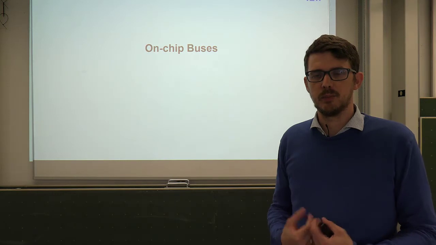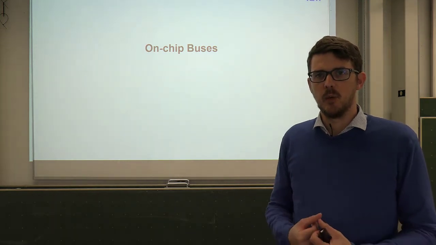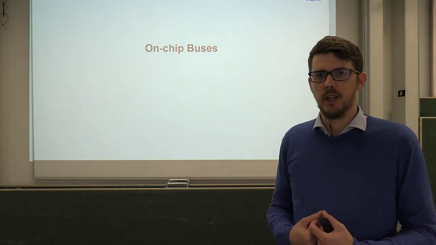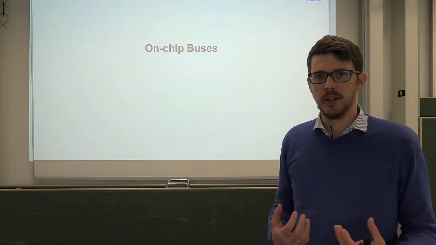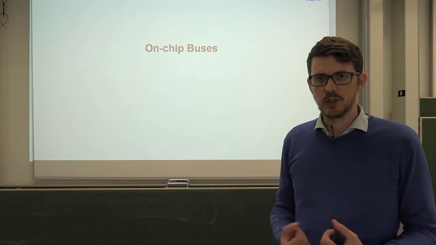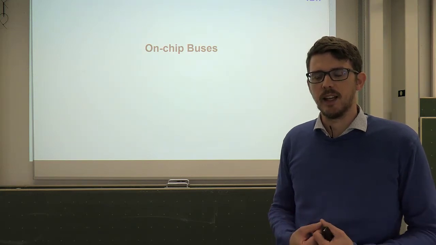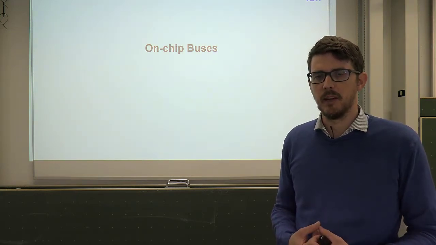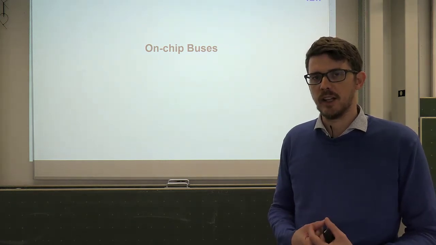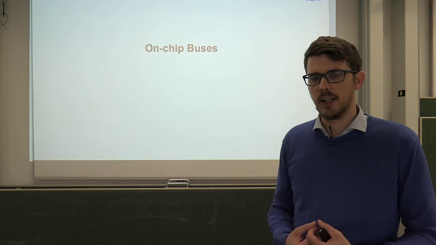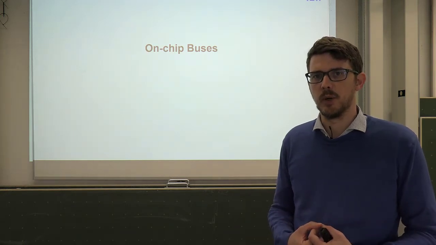Okay, so next to processors and memories, what's also very important if you're designing a system on chip is that you look into your on-chip interconnect, because the on-chip interconnect also decides how much performance your chip will have. You need the bandwidth on your interconnect to be able to transmit all the data you want to transmit between different modules.